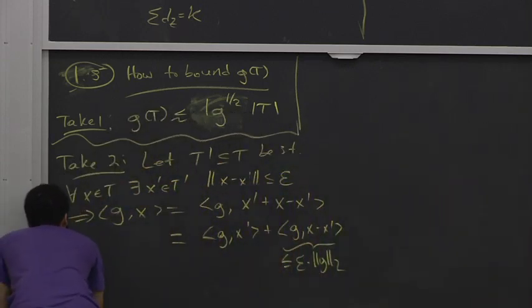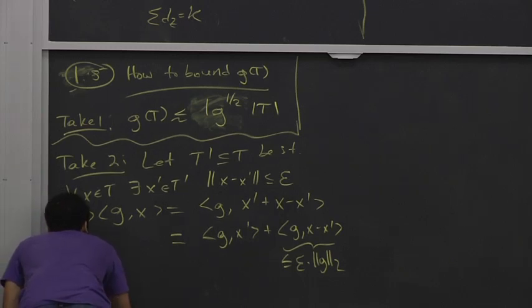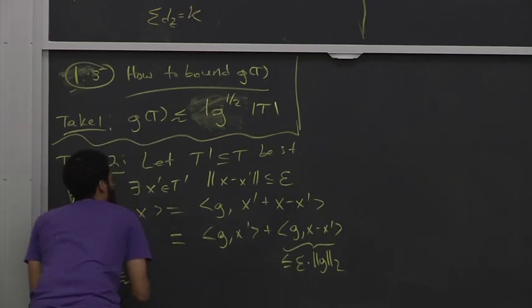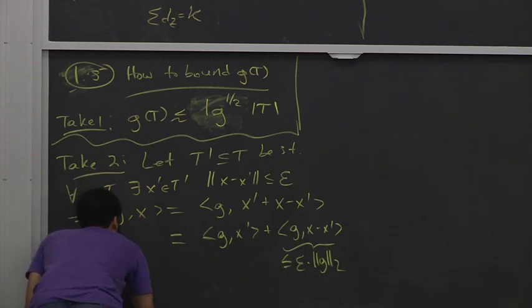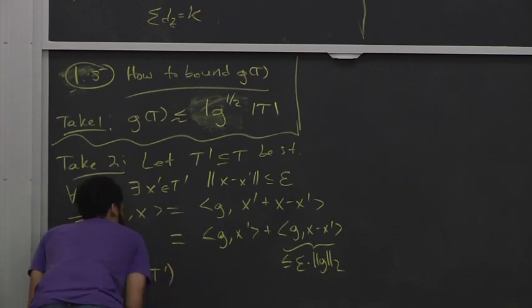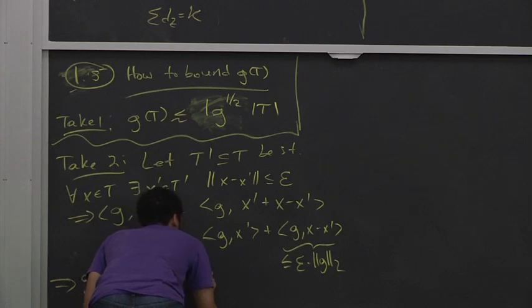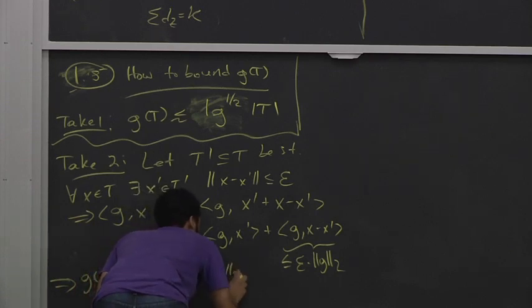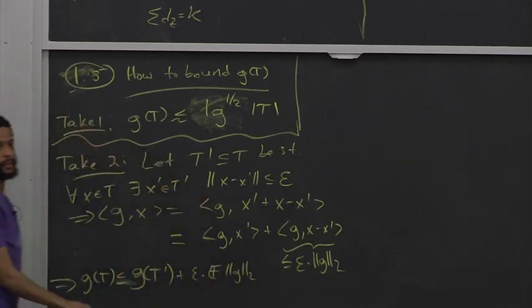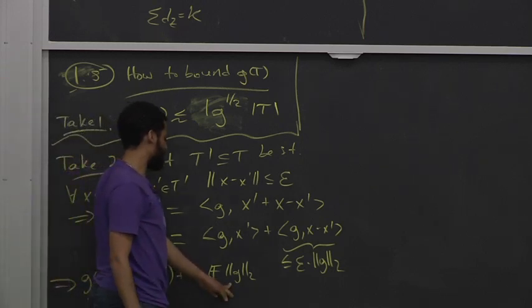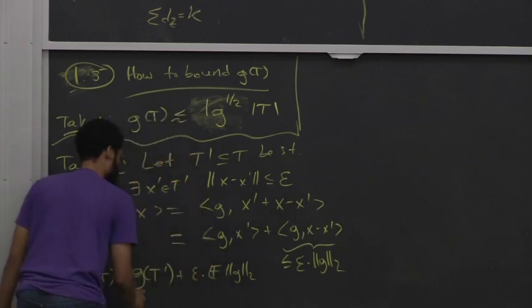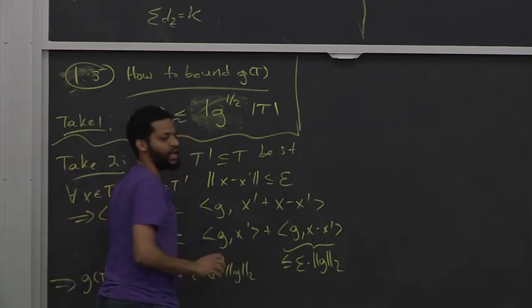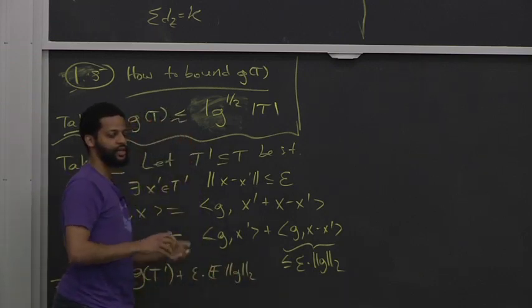Which implies that g of t is at most g of t prime plus epsilon times the expectation of the L2 norm of g. In general, the expectation of z is at most the square root of the expectation of z squared.